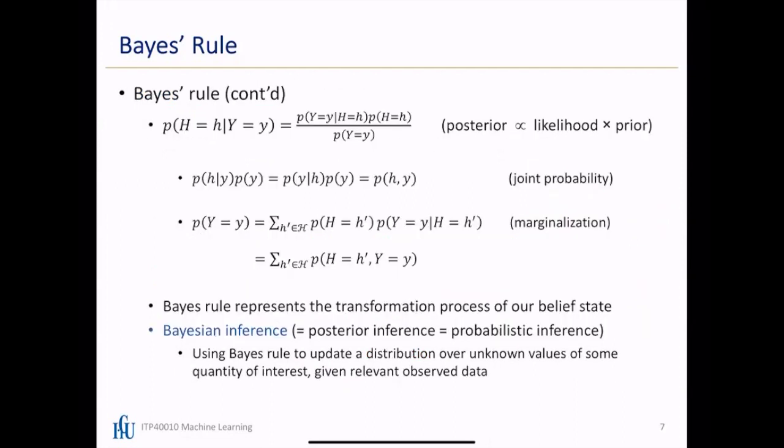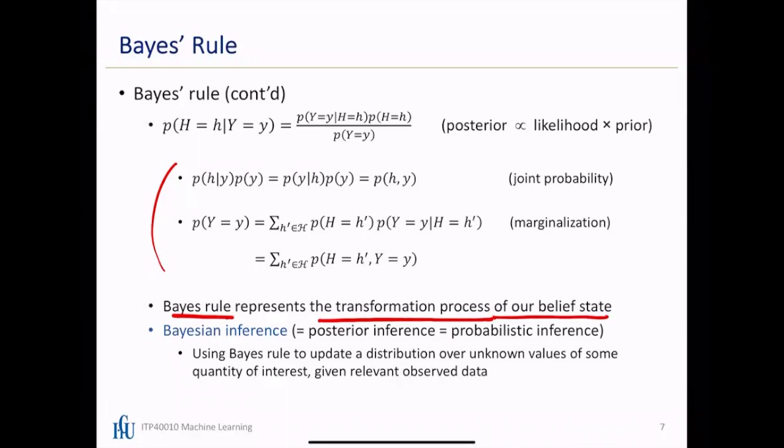Well, here are some additional formulas, but we'll get to them later. So Bayes' rule basically represents the transformation process of our belief state. We have some state in our mind, and it has some kind of tendency, and we want to express it in terms of probability. After we expose it to some new observation, maybe our belief changes.